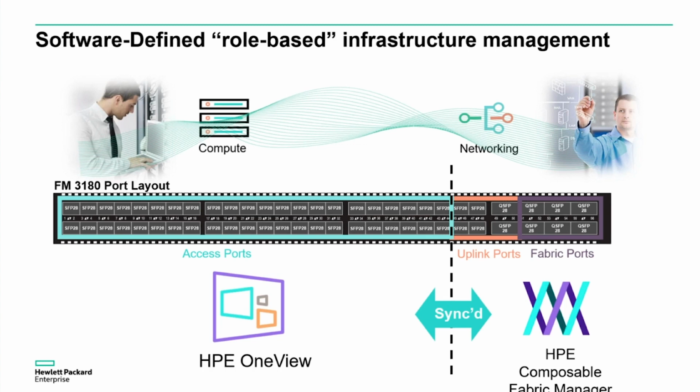And the really cool thing is that we don't use spanning tree within this environment at all. So you bring the fabric up, it auto discovers itself, and then we use Composable Fabric Manager, which we have in the demo, that talks down to the switches to configure them. All of the policies are pushed down to the switches. Composable Fabric Manager doesn't get involved in the routing of the traffic. That's all done within the fabric.